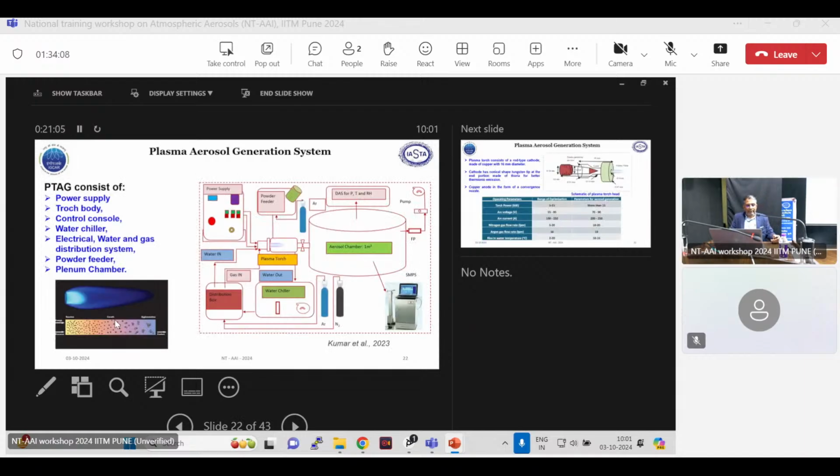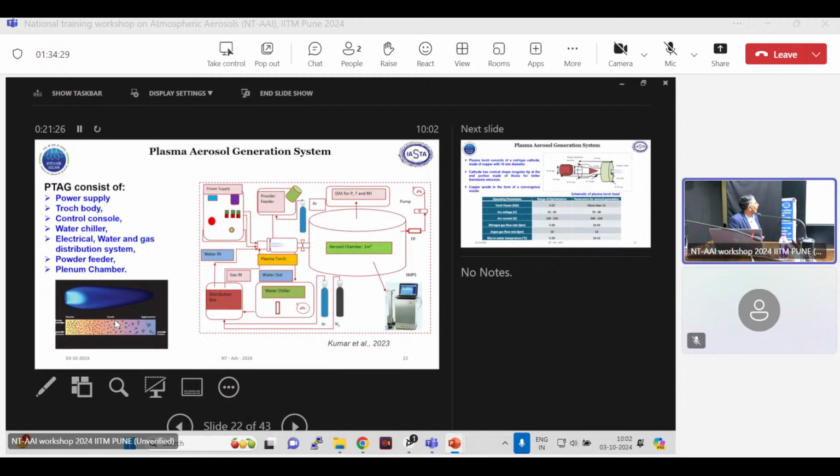So this plasma torch is made of various small systems, like a high voltage power supply, then the torch body. This torch body is here and this power supply is here, and then the powder feeder, for the powder we are feeding.